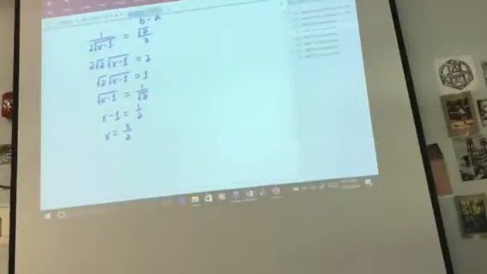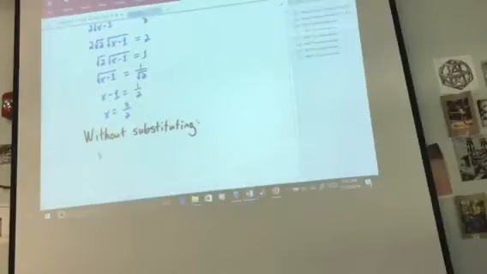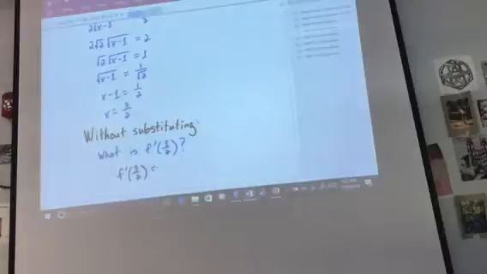Okay, now follow-up question. Without substituting, what is f prime of 3/2? Square root of 2 divided by 2.